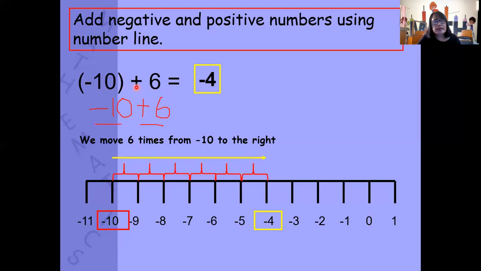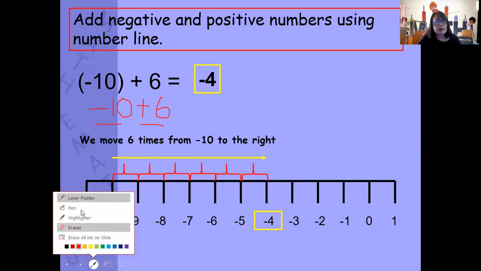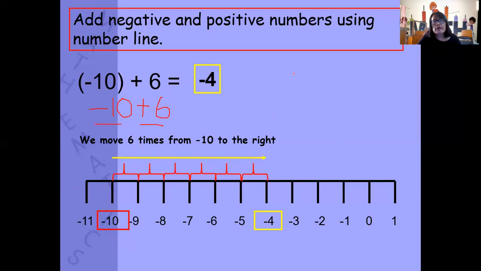If it is negative, like for example negative 2, then you move to the left 2 times. Okay? Now, let's go to the next question.